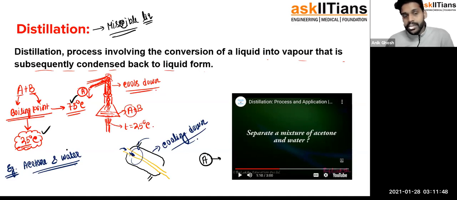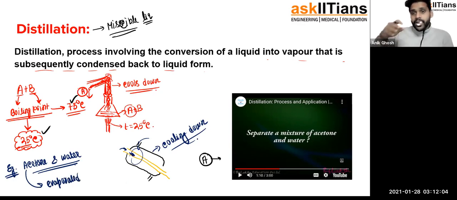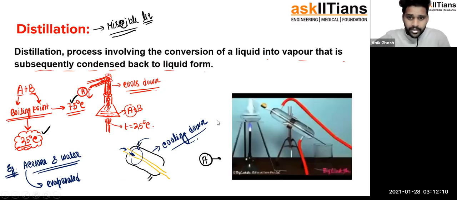If you use this fractionating column method and heat it, the acetone would get evaporated, not the water. It would go through that column and get into another beaker. That is the process over here.